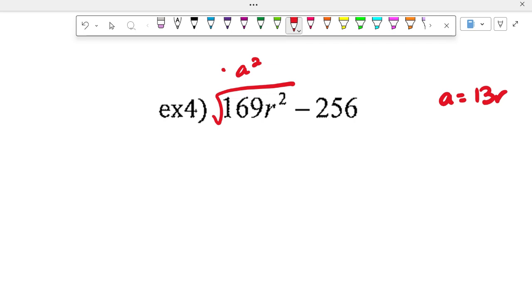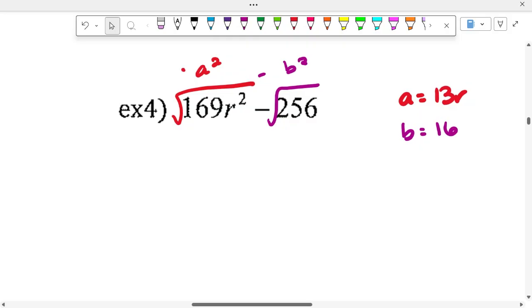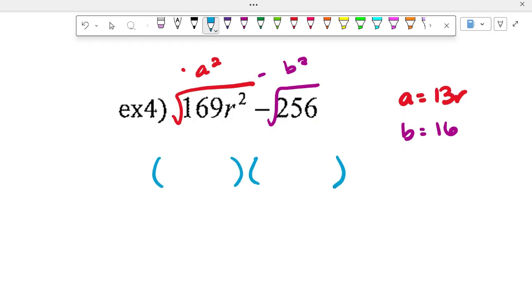Is 256 a perfect square? Yes. If I take that as a square root, what do I get? Not 13. 16. All right. So let's go with Rajan. How would this look factored now that I have my 2 terms?